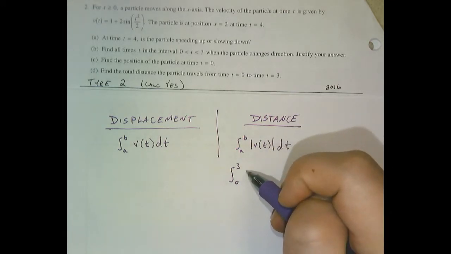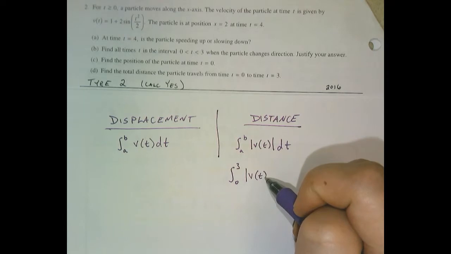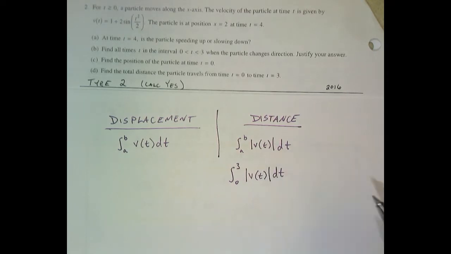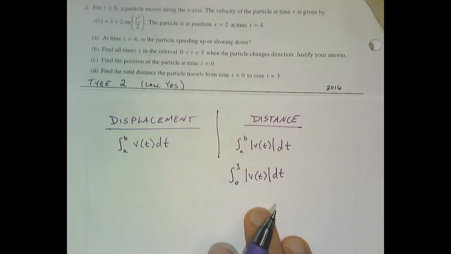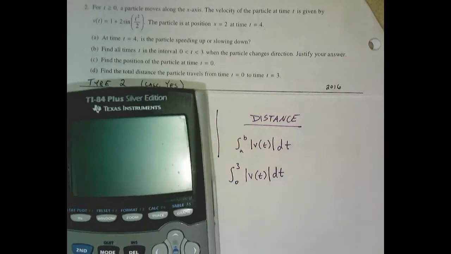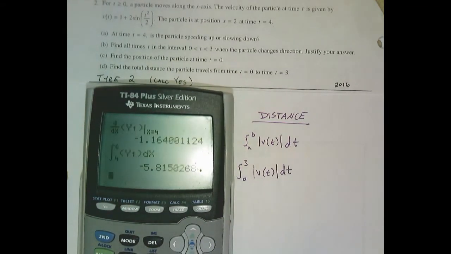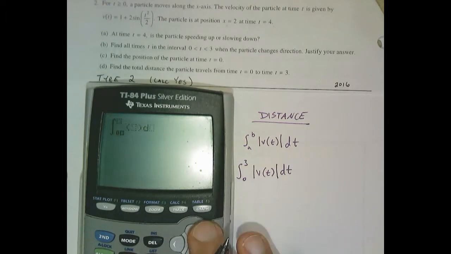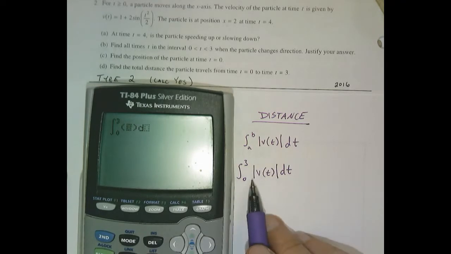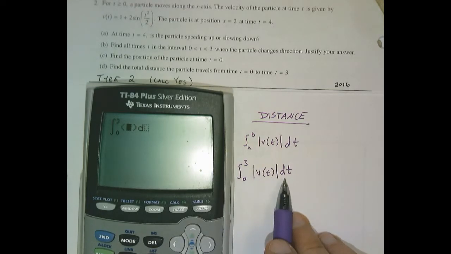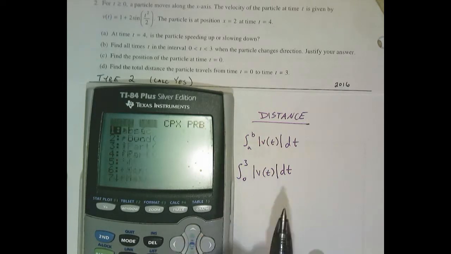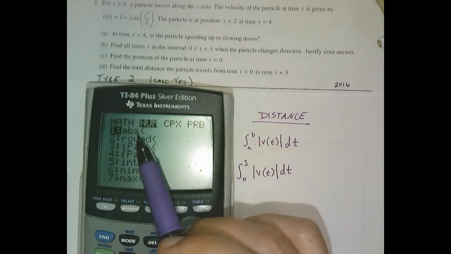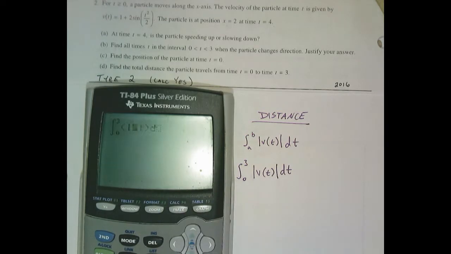The absolute value of v of t, again, it's not a very pretty one to do by hand, but it is a calculator active question, so we can turn to our calculators and have the calculators do it for us. Math 9 to pull up the integral, 0 to 3. And if I want to access the absolute value command, you can access that by pressing math and scrolling right to number, and you get the absolute value command.